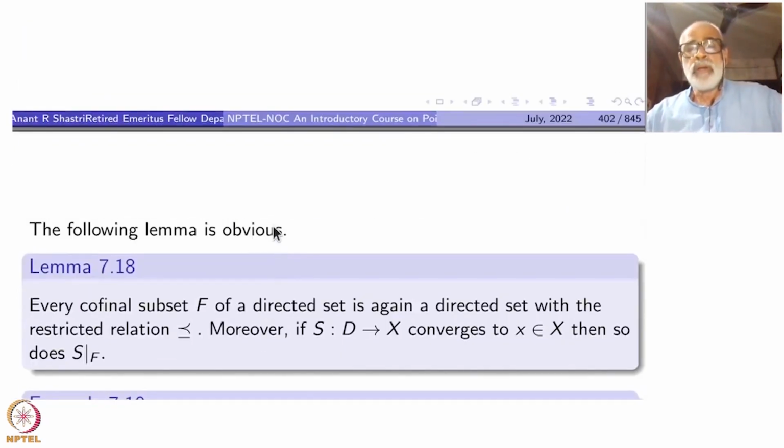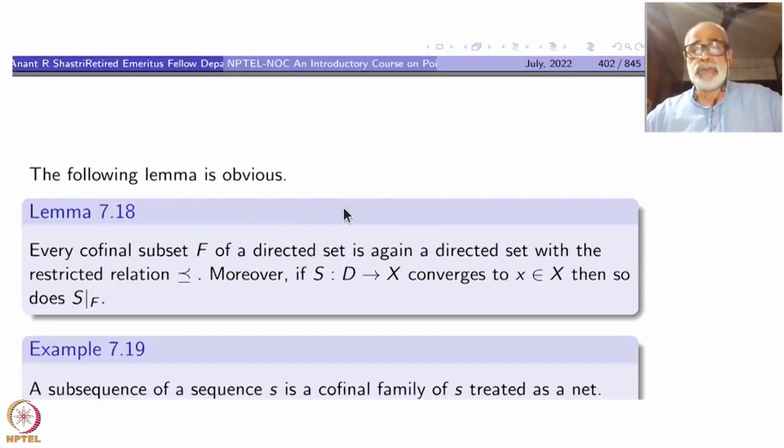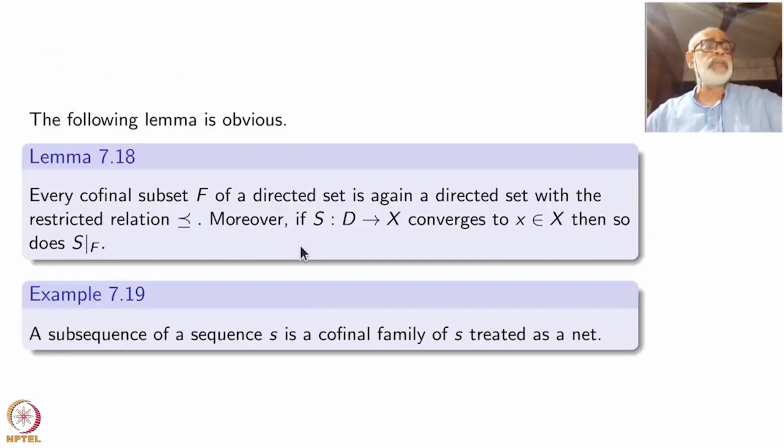The following lemma is obvious. That is precisely what I mean by saying that the cofinal families take care of the convergence properties of the original thing. Every cofinal subset F of a directed set is again a directed set with the same direction restricted to the subset.